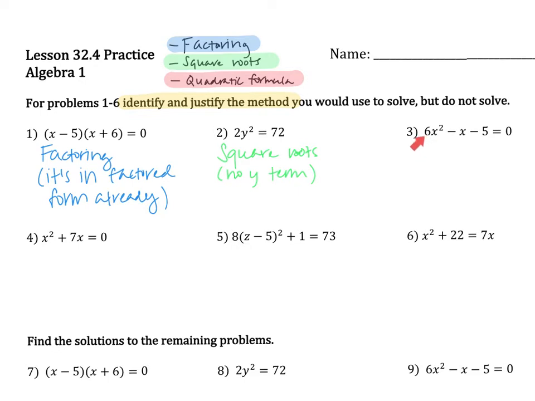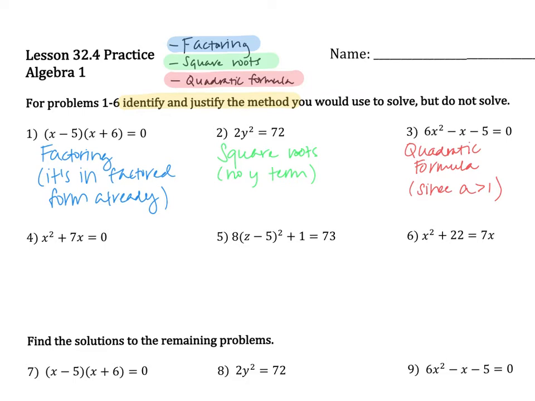A lot of times when our a value in front of x squared is greater than 1, we try to use the quadratic formula because this can be tough to factor sometimes. Again, you could use factored form. I'm not saying you shouldn't, but I think the quadratic formula would be easier. So let's go ahead and write quadratic formula, since our a value is greater than 1.